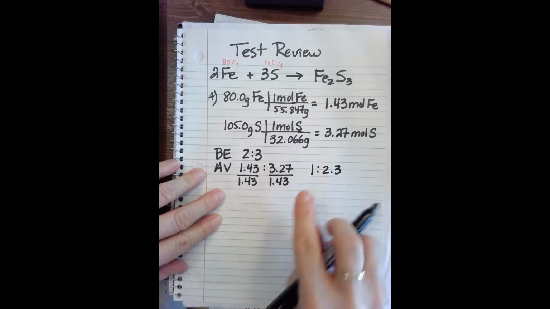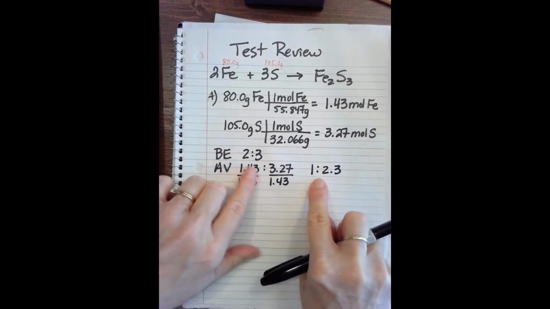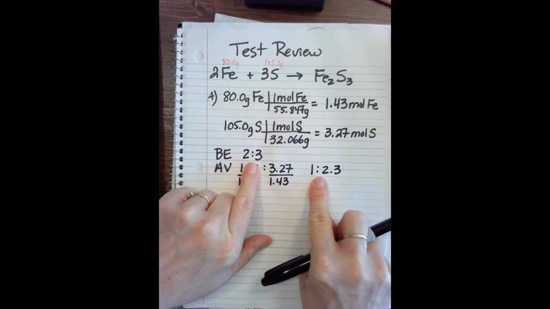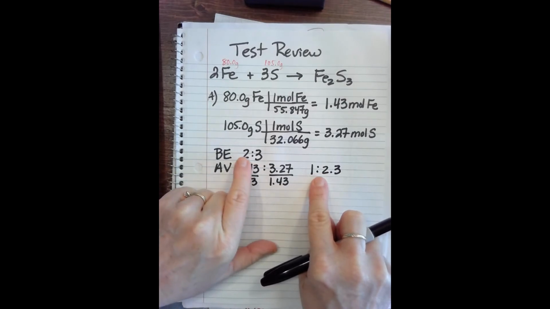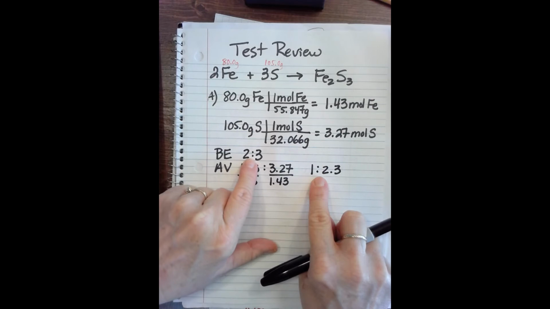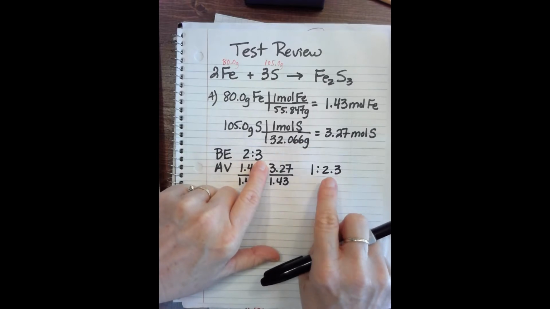So now we need to compare these two ratios. If we want to reduce the balanced ratio, this is really 1 to 1.5, right? So 1 to 1.5, and 1 to 2.3.